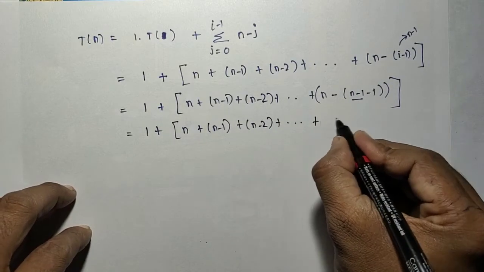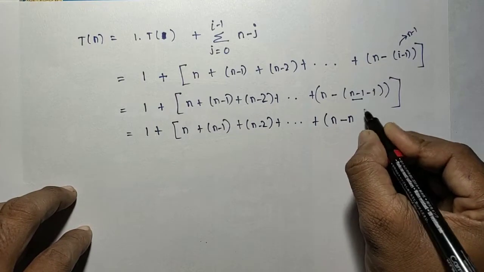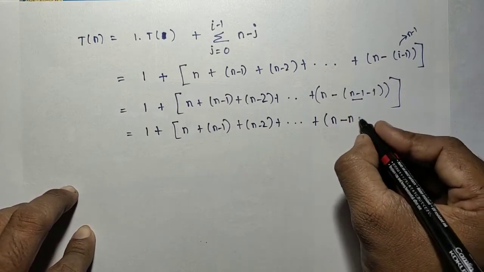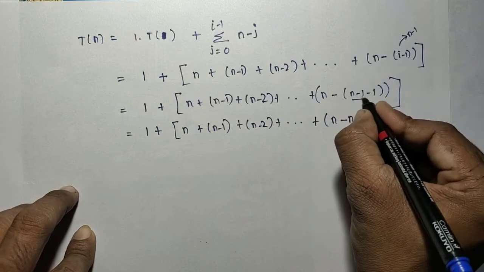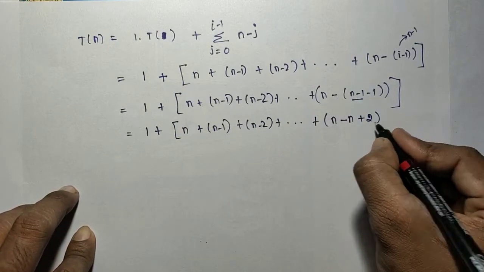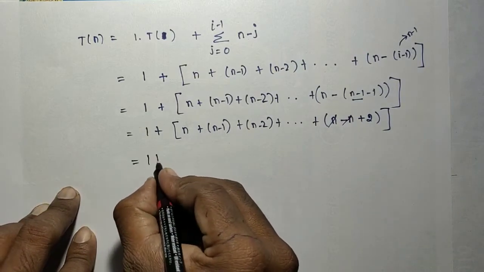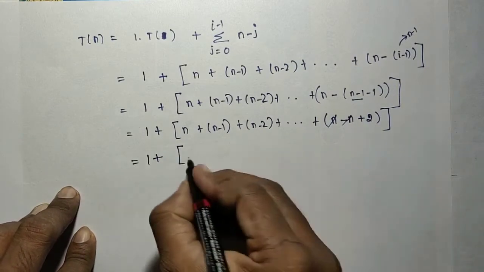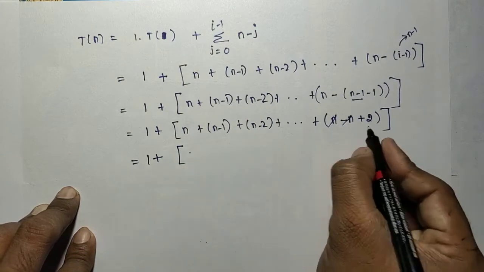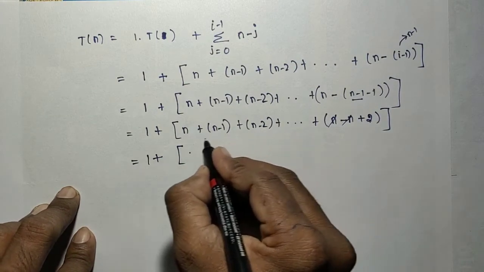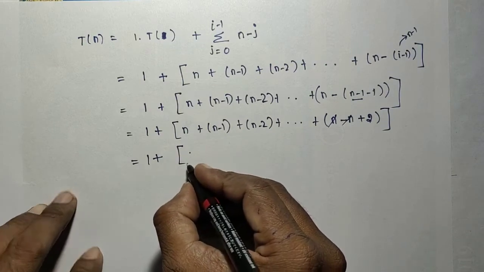This last term is n minus n, and then plus 2, correct, minus 1 minus 2, so plus 2. So n will be cancelled, so it can be written as 2 plus, in the reverse order, if it is 2, the next term will be 3, 4 up to n.